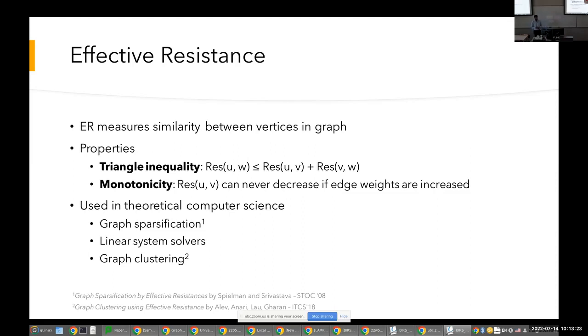It turns out you can do this by sampling edges according to the effective resistance. This is a very nice work, and it has applications for linear system solvers. You can use effective resistances to speed up numerical linear algebra. And more recently, there's this work of Alev et al., which shows graph clustering applications as well.